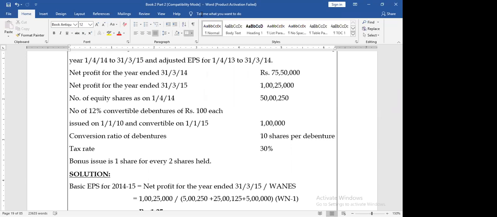Once you're done copying the solution, quickly put done on the chat box so that we can proceed and finish off accounting standard 20.